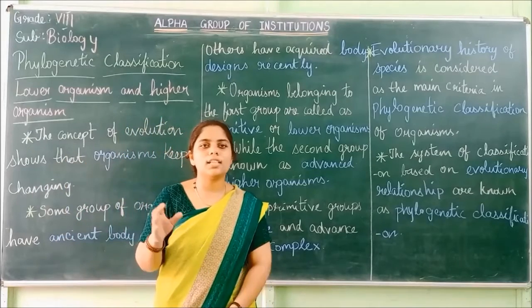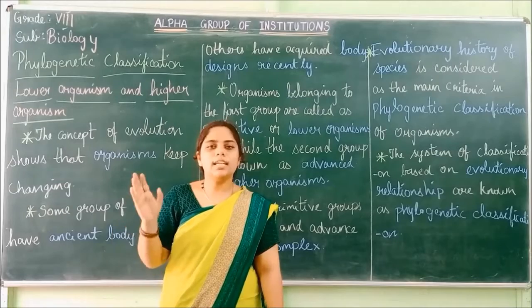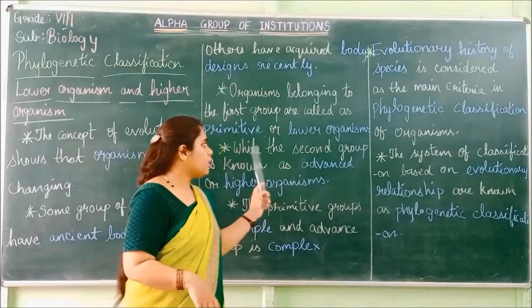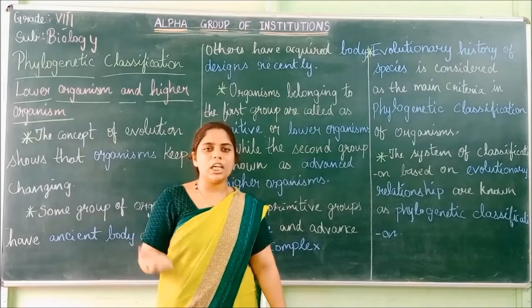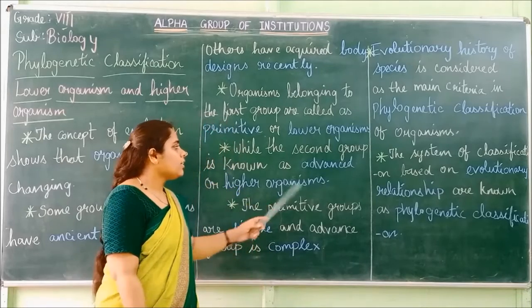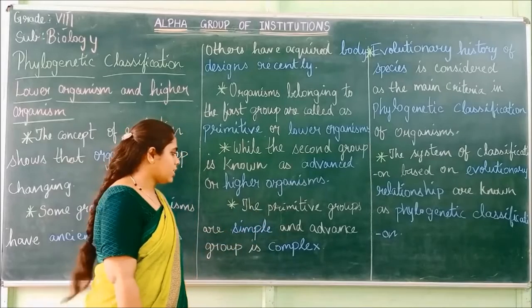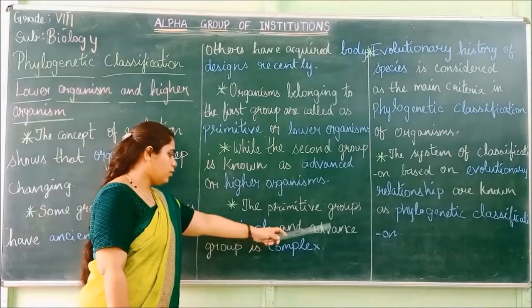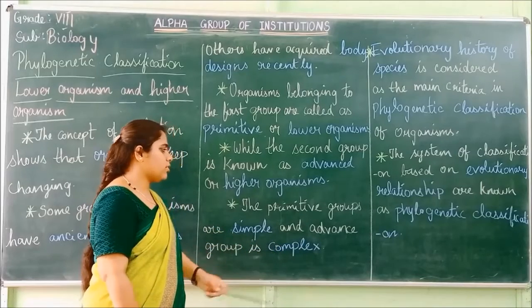If the body design remains the same and it is primitive, it is known as a primitive or lower organism. If they have recently evolved the body design, then it is called an advanced or higher organism. The primitive groups are simple and the advanced groups are complex.